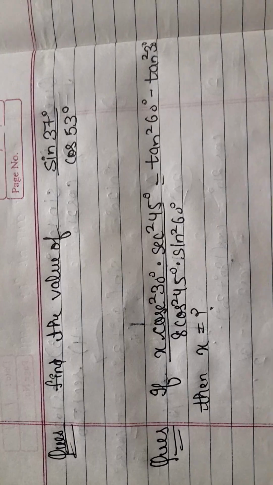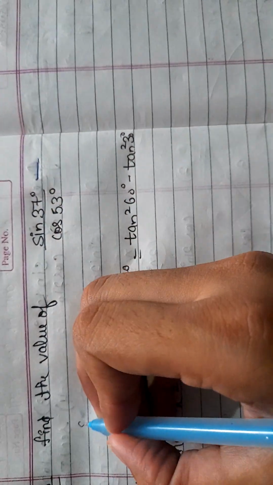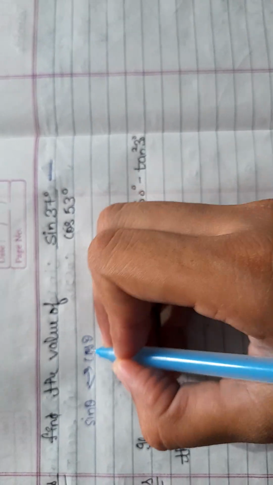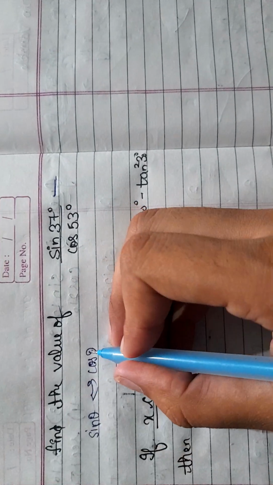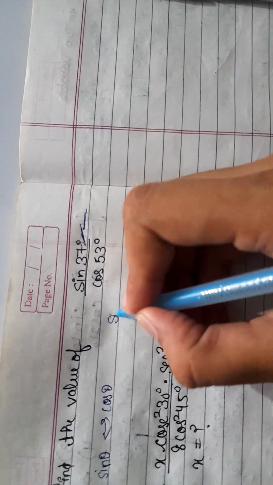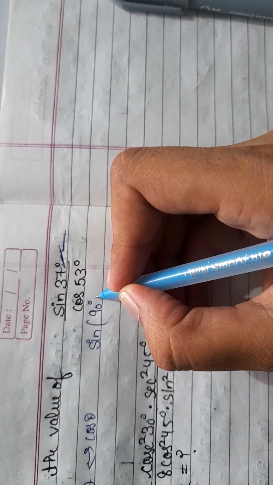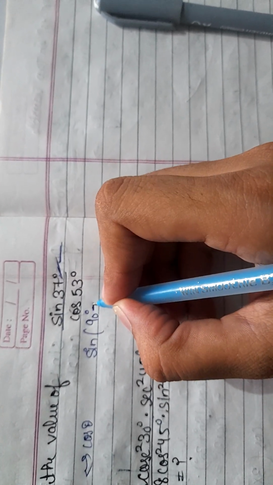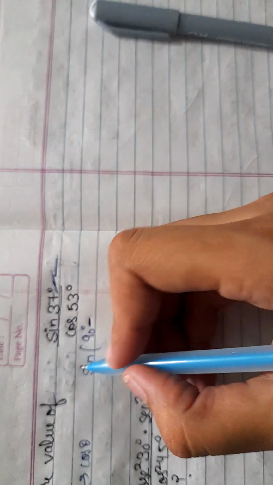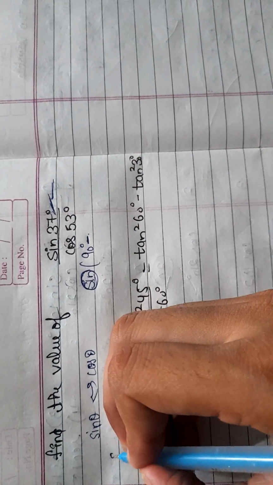Okay, now we will try to solve these two questions. How will we solve them? Sin changes to cos, cos changes to sin. If there is 90 plus or minus, okay, just solve here.